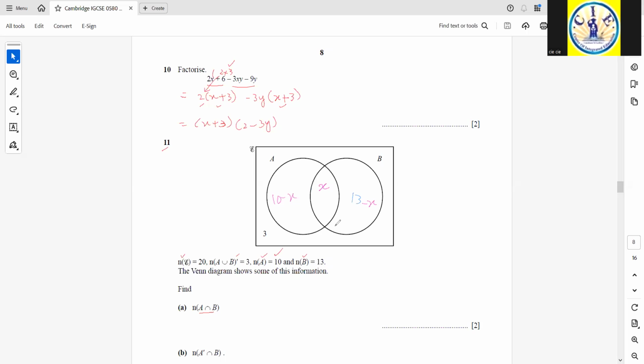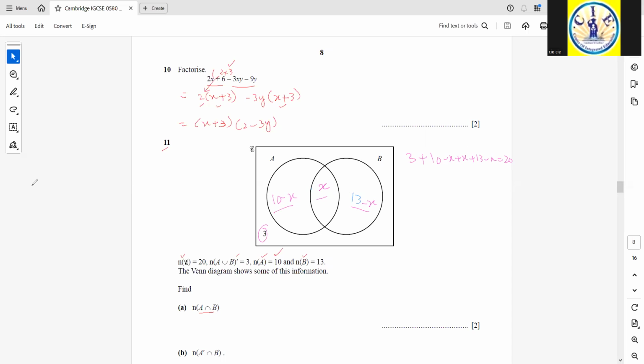Adding all these, we should be getting the complete universal set. That means 3 plus 10 minus x plus x plus 13 minus x should be equal to 20.